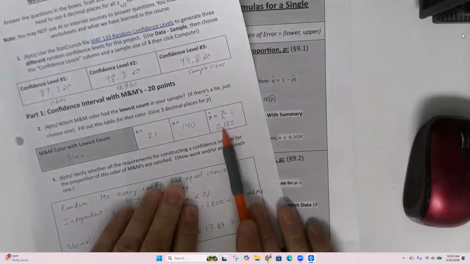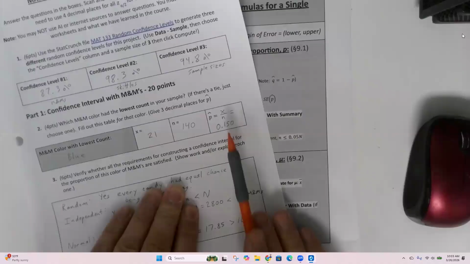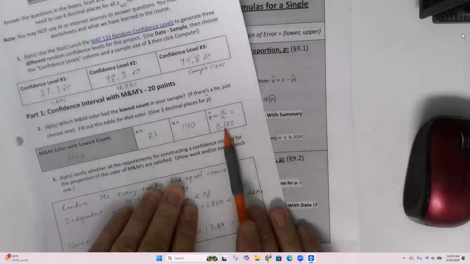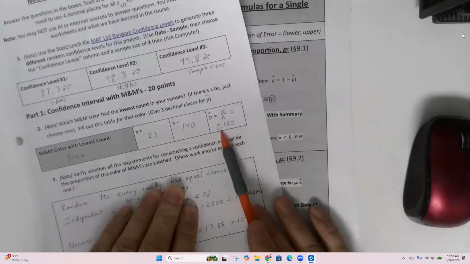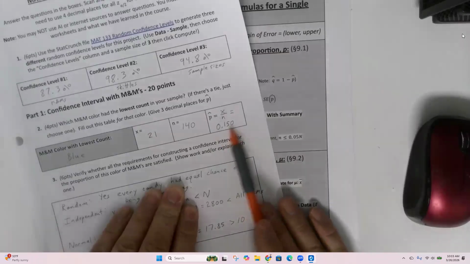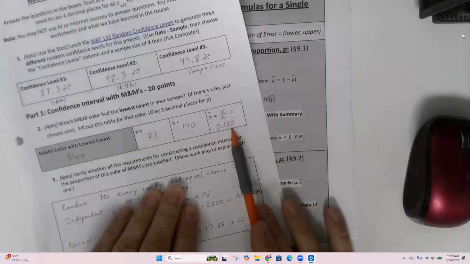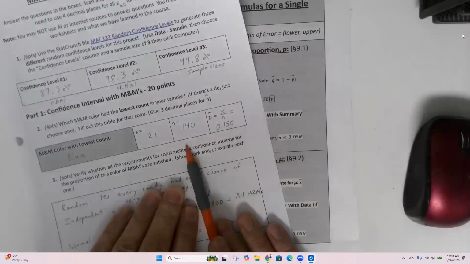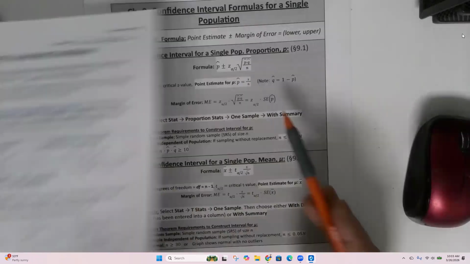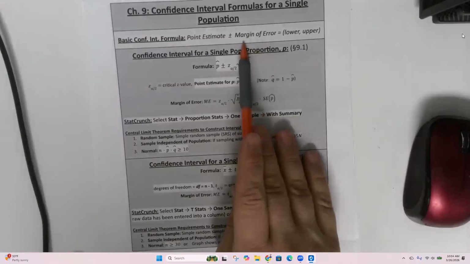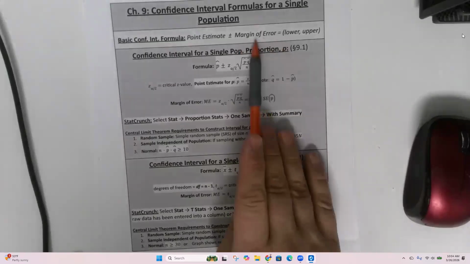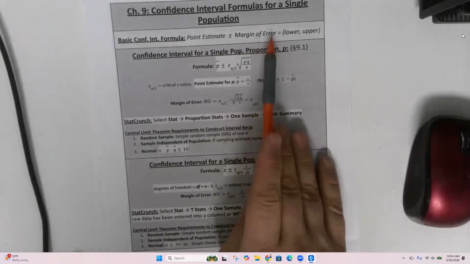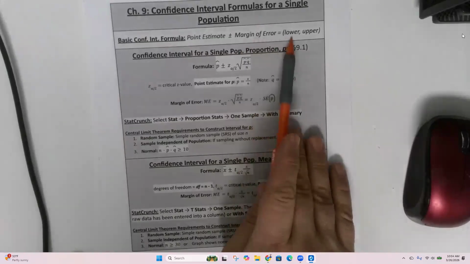But that's not the actual number. The actual number is close to that. How close? Well, you go a little bit above 15%, you go a little bit below 15%. How far should you go? That is the margin of error. You add your margin of error, and that gives you your upper value. You subtract your margin of error, and that'll give you your lower value.